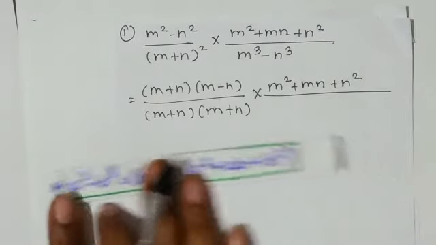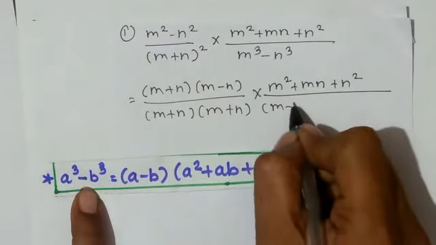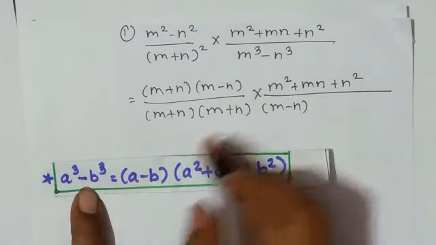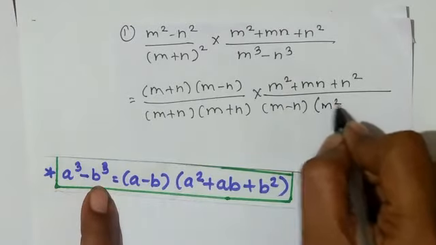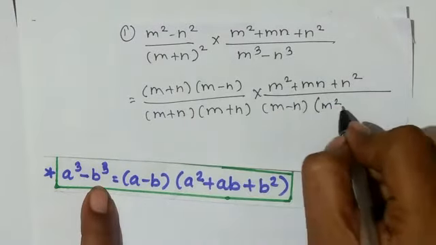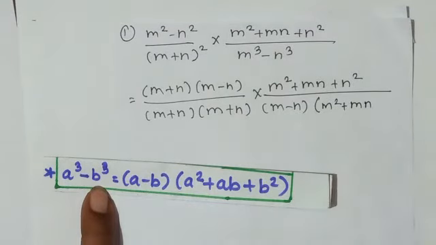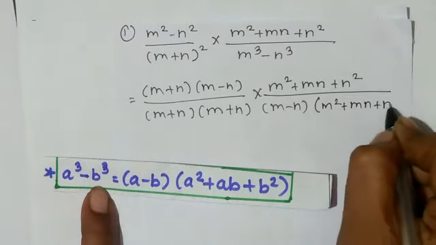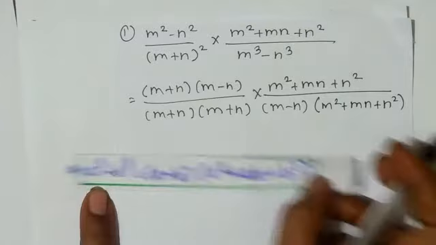So let's write it. m minus n in the first bracket, and in another bracket m square, it means first term square, plus multiplication of both terms, it means mn, plus n square, and the bracket is complete.